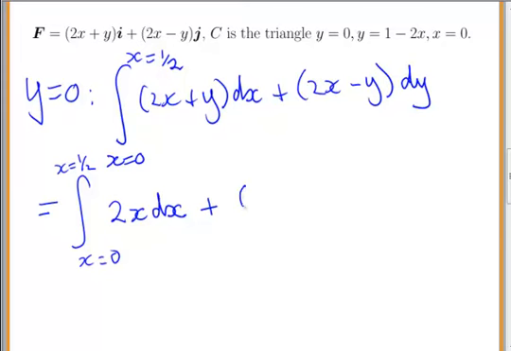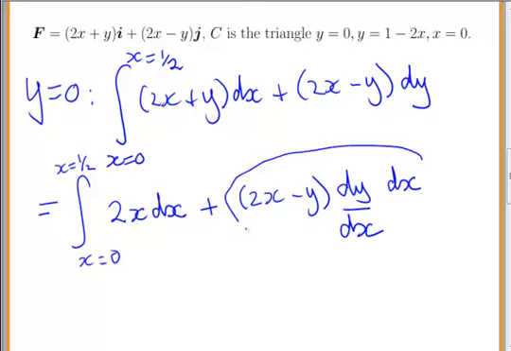So what we need is (2x minus y) multiplied by dy/dx, and then that will enable us to integrate with respect to x. In this case, of course, y equals 0, which means that dy/dx is 0, so the whole of this term here is 0.